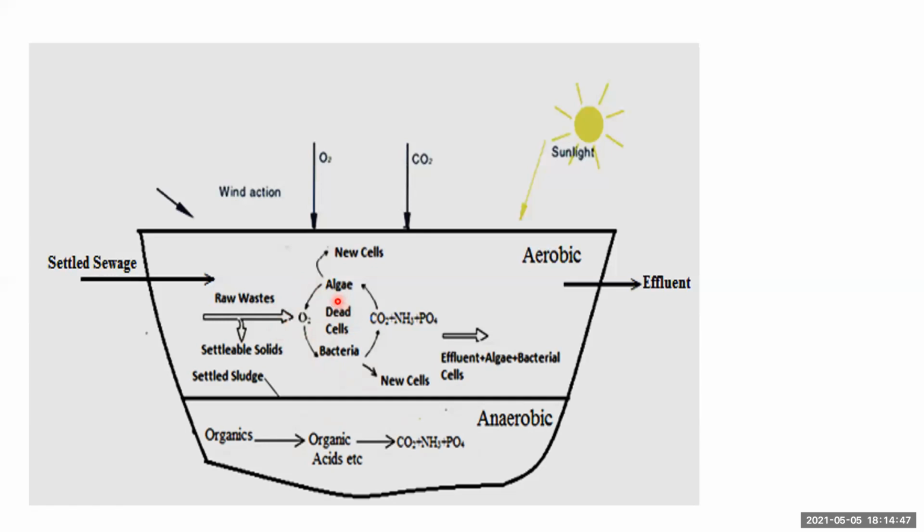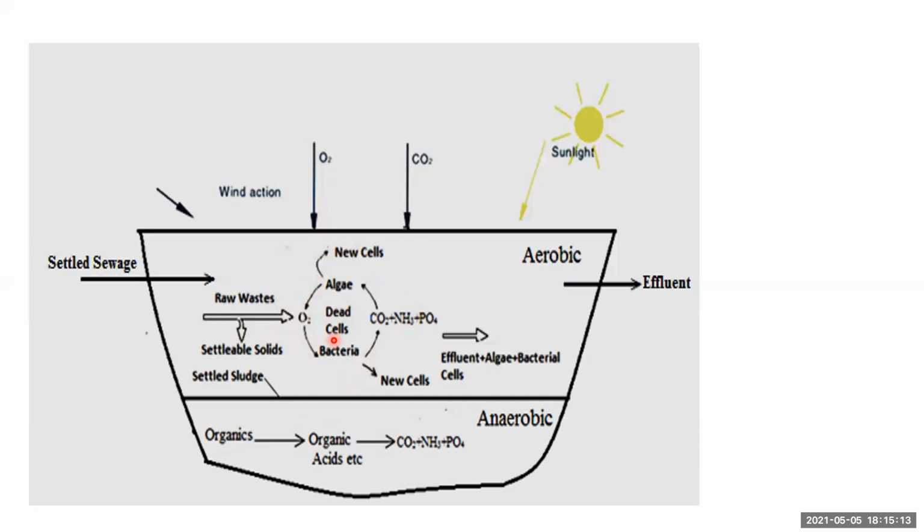This oxygen, along with the oxygen of air, is utilized by bacteria to degrade the organic matter, and the cycle continues. That means algae and bacteria are mutually benefited from each other. Algae get CO2 because of bacteria, and bacteria get oxygen because of the photosynthetic process by algae.